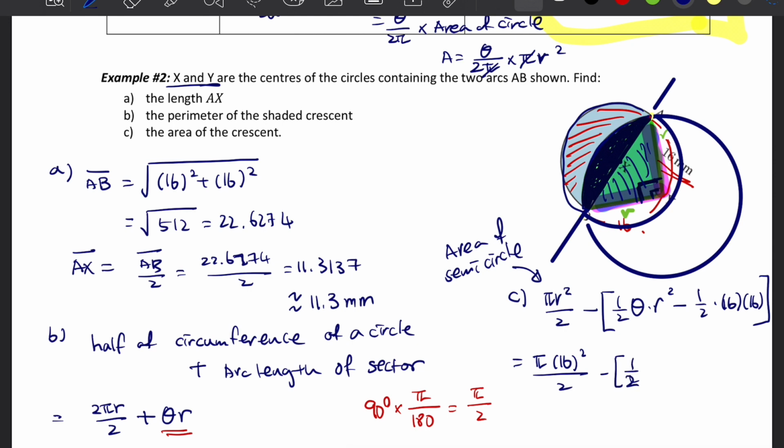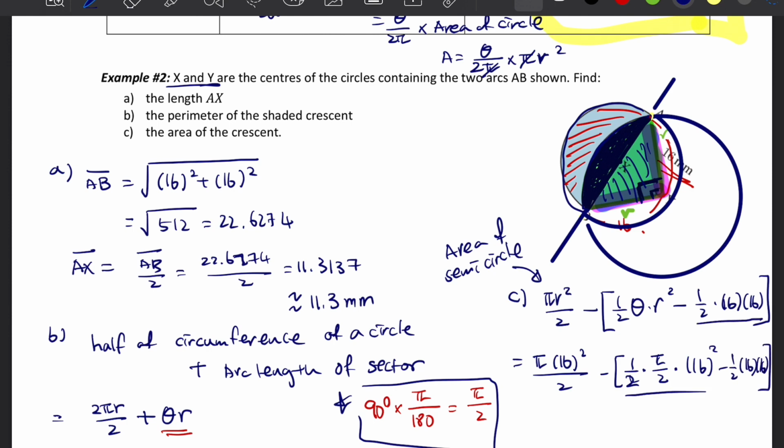We can do pi times 16 squared over 2 minus 1/2. The angle is 90 degrees, and we know that 90 degrees is pi over 2 already. So we're going to do pi over 2 times 16 squared minus this part, 1/2 times 16 times 16. If we do this, we get 128 pi minus 64 pi minus 128.